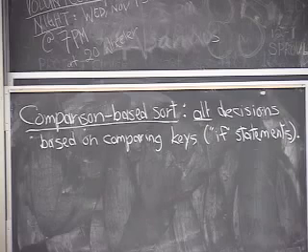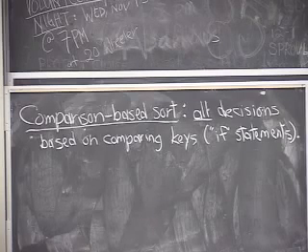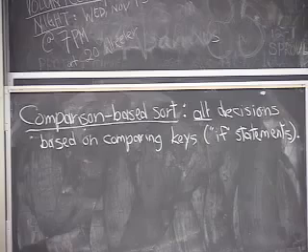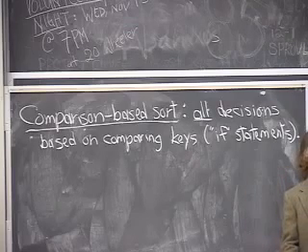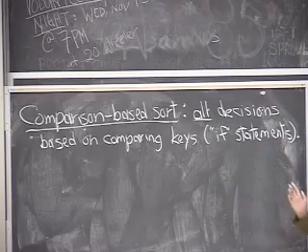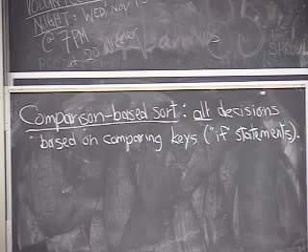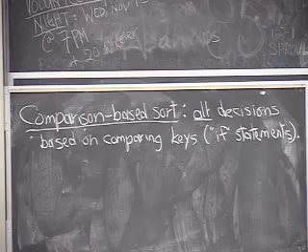So all of the actions that are taken by the sorting algorithm are based on the results of a series of true-false questions. And all of the algorithms that we've studied so far, as I've said, are comparison-based. This is how they work. They do a bunch of if statements, and based on comparing different items, they decide which swaps they're going to make and how they're going to reorganize the data.